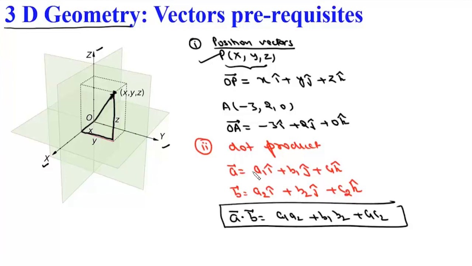So we have to take i with i, j with j and k with k, and then we'll add them, and it's a scalar product. So we'll get some number.